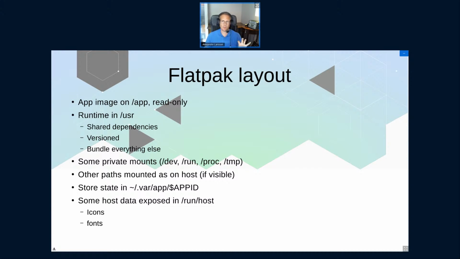It contains shared versioning, shared dependencies, just like a base image does. But it's versioned separately, so the app can ask for a specific major version of a runtime, but it will still get updates to that. So we can have security updates to the runtime with the static or non-changing app.